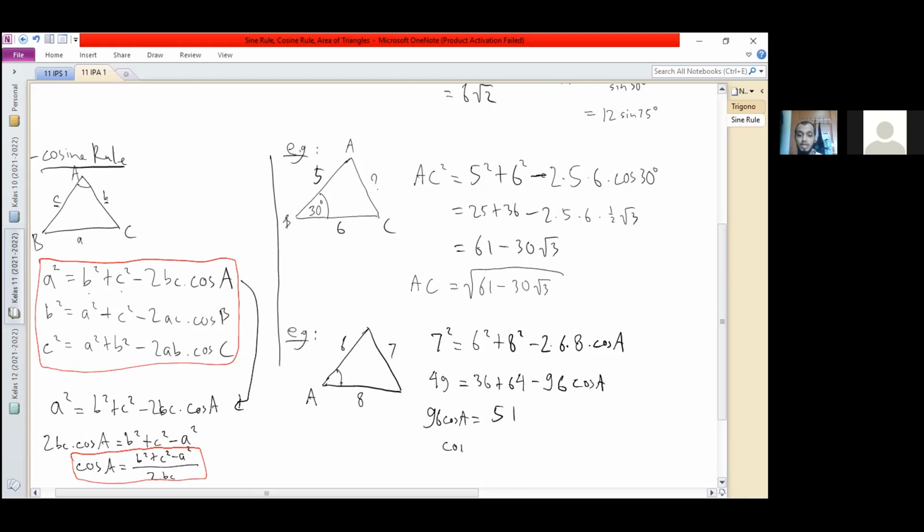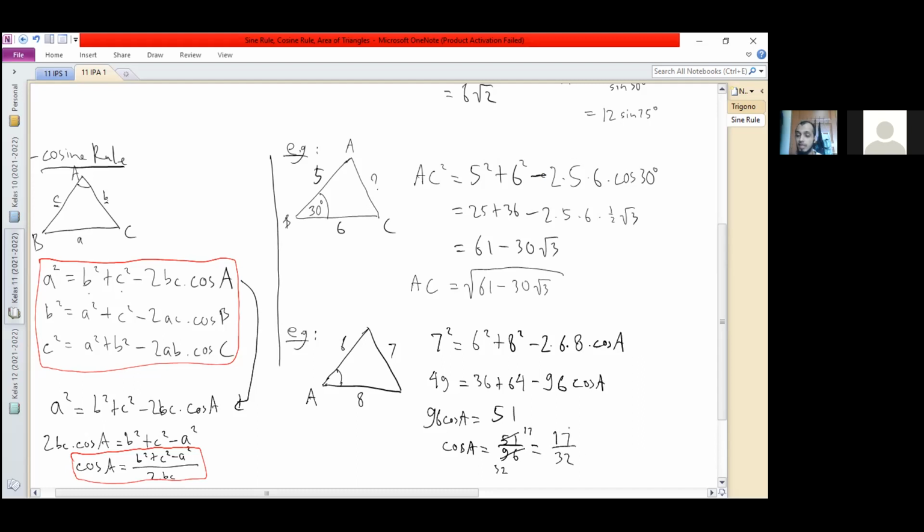So the cosine of a equals 51 divided by 96, which if we simplify, we get 17 divided by 32.